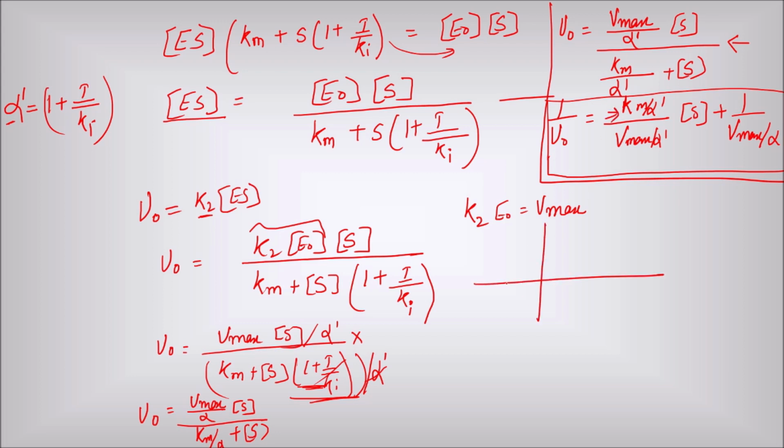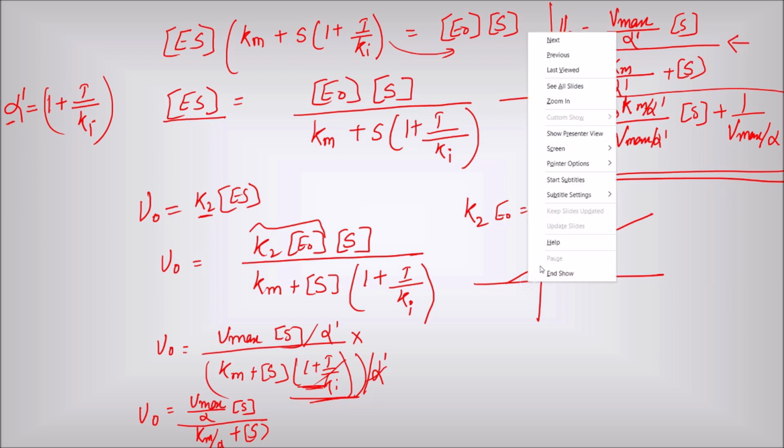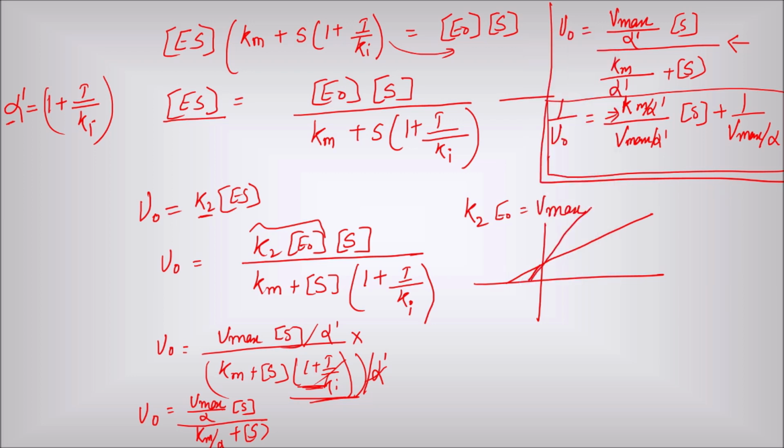So if this was the graph for the competitive inhibitor, not the uncompetitive inhibitor, then in the presence of competitive inhibitor, the minus Km shifted toward the origin, or its value increased. So here, both the Km as well as Vmax values will be varying.